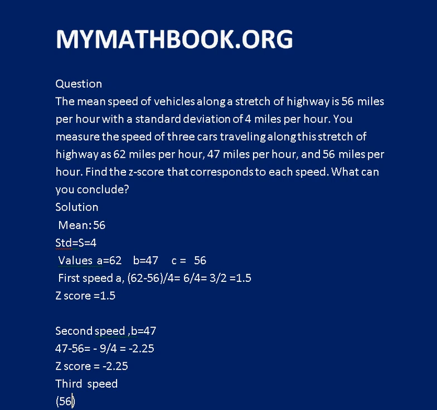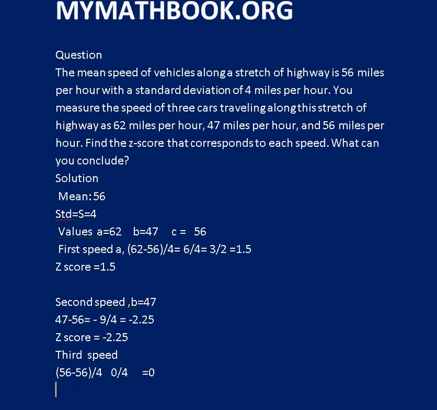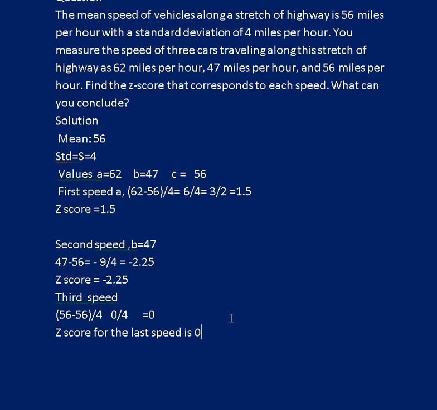We're going to have 56 minus 56, and then we divide by 4, which gives us 0 divided by 4, and that gives us a final answer of 0. So our z-score for the last speed is 0.